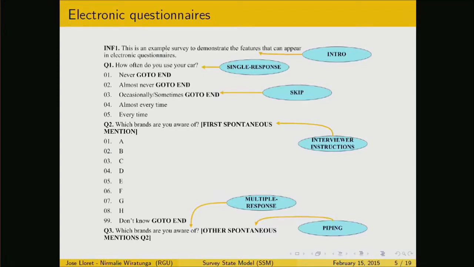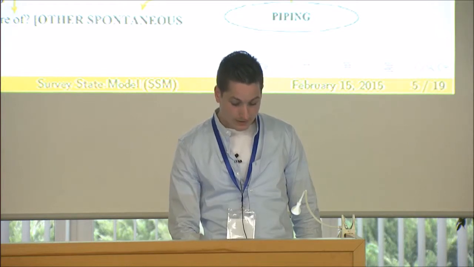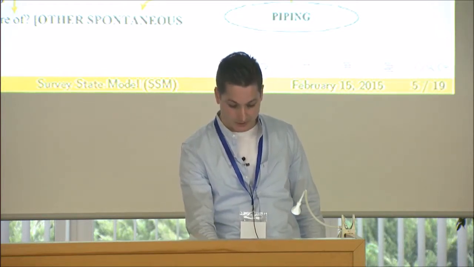A skip is very important. This is logic to modulate the flow of the questionnaire. Interviewer instruction is something for the interviewers that should never be prompted to the interviewee. And multiple responses is when you can select more than one response from the set.